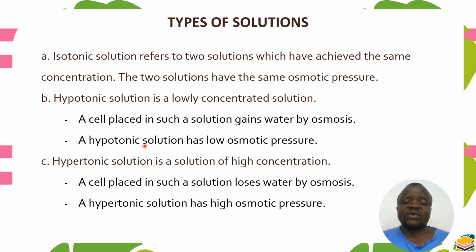Now, a hypotonic solution has low osmotic pressure generally, so when a cell is placed there, it usually gains water. So a hypertonic solution is a solution of high concentration. So a cell placed in such a solution loses water by osmosis. So a hypertonic solution has high osmotic pressure.